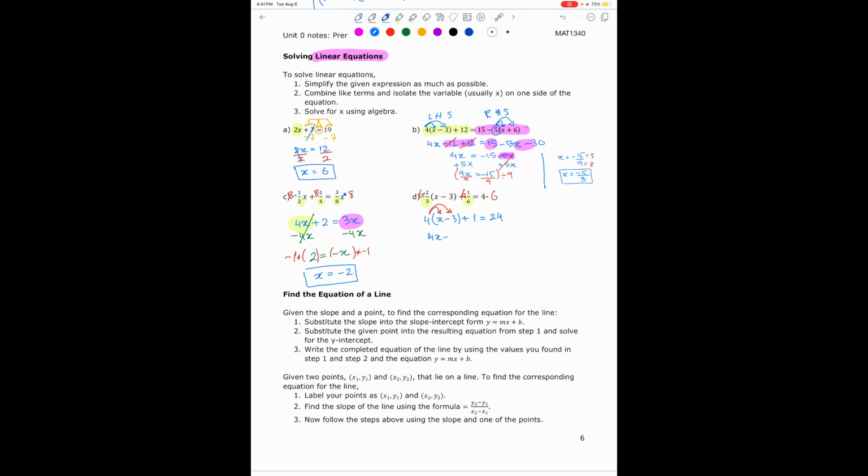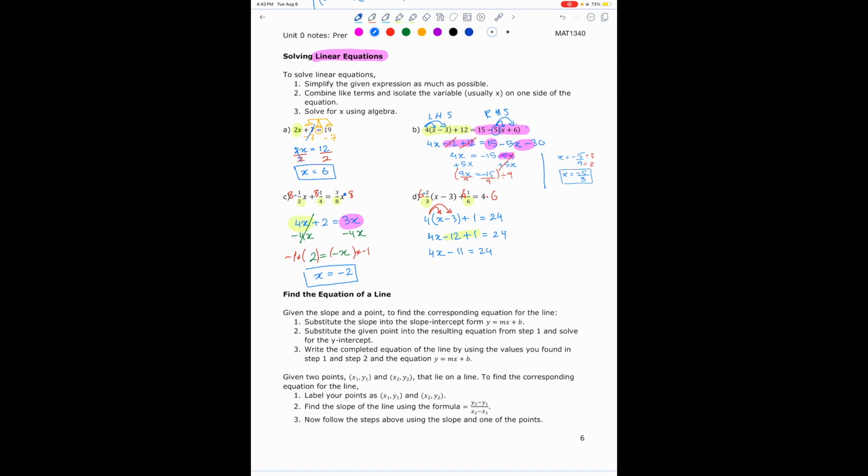I will get 4x minus 12 plus 1 equals 24. Notice how I can combine -12 and 1 together. These are like terms, so I will have 4x, -12 plus 1 is -11 equals 24.